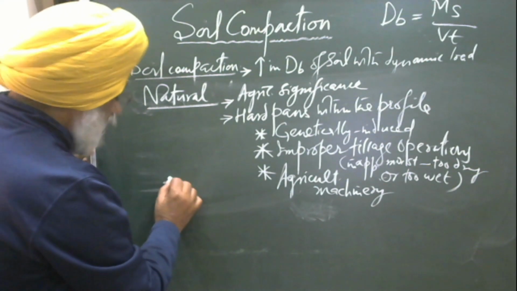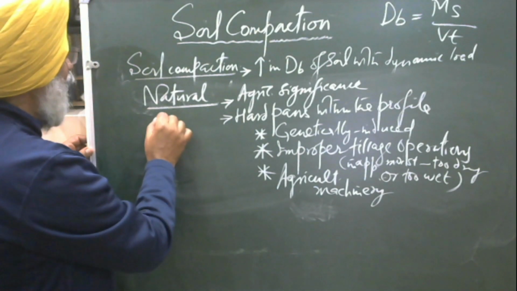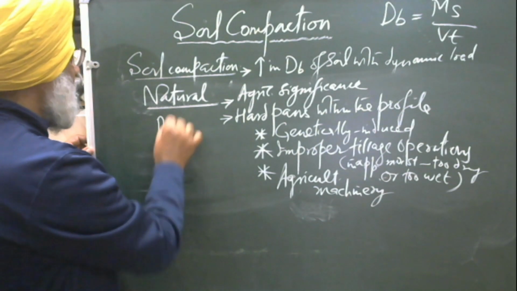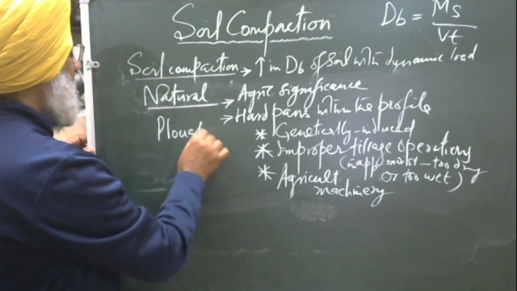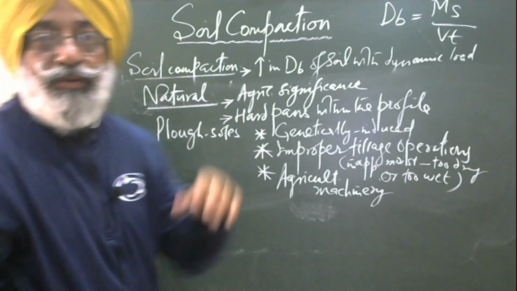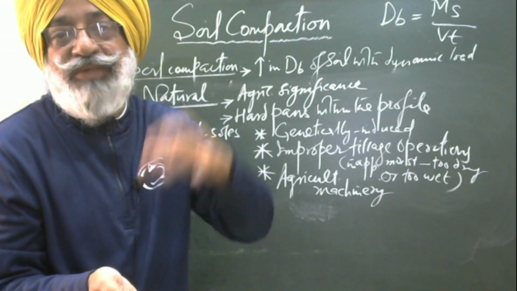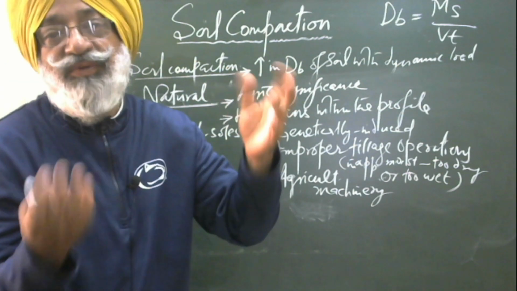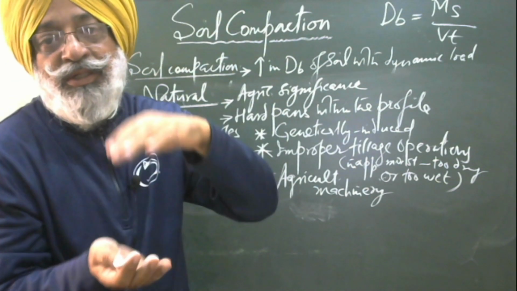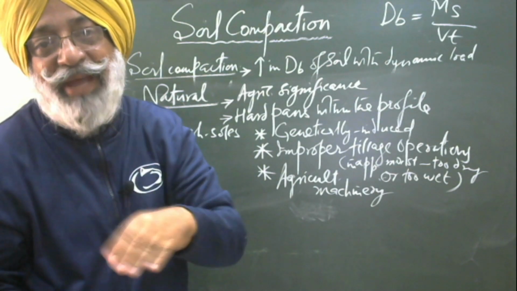Then it could be because of what we generally call plow soles, very common. When you till the soil, at the most you are disturbing 13, 14, maybe 15 centimeters of the profile, and the rest of the soil remains consolidated, remains compact.